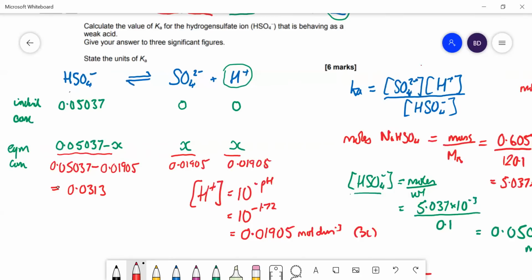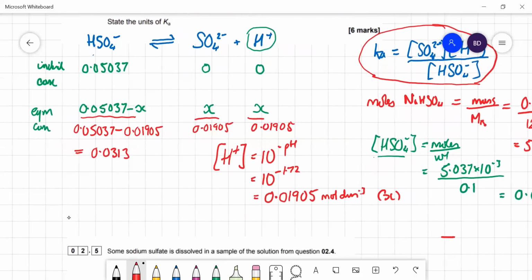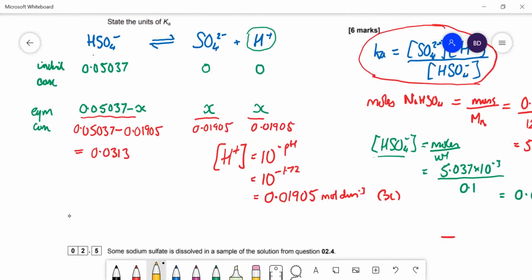Now we've got to put those numbers into this equation up here to work out Ka. I'll do it in a different color. This is the concentration of the sulfate ion, 0.01905, multiplied by the concentration of the H plus ion, which is the same.